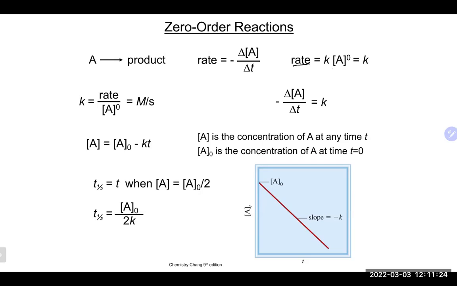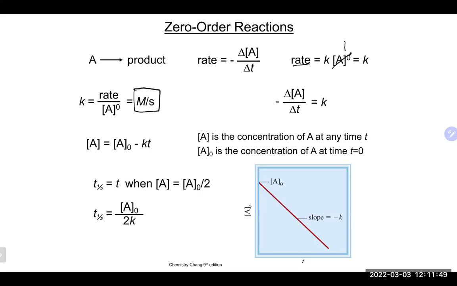A to the zero is equal to 1, which means the units associated with a zero order reaction are the same units that we see for the rate, which is molarity over seconds. So the three major orders for reactions all have individual different units associated with the rate constant.